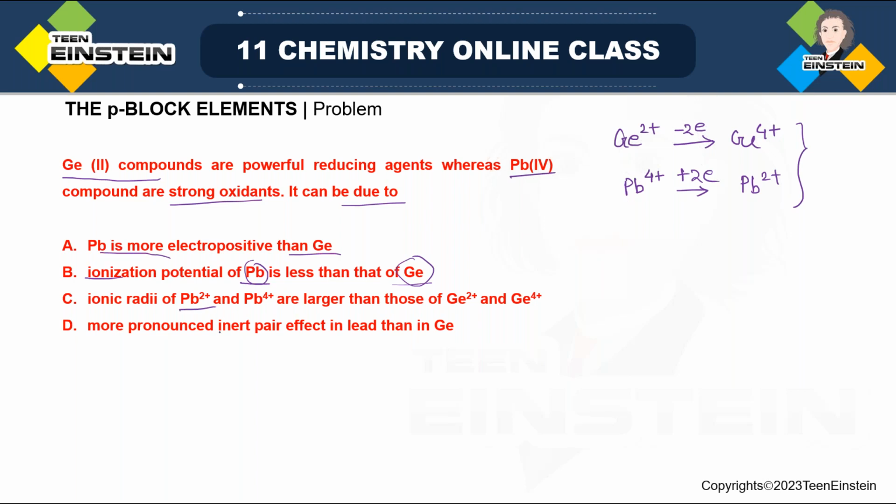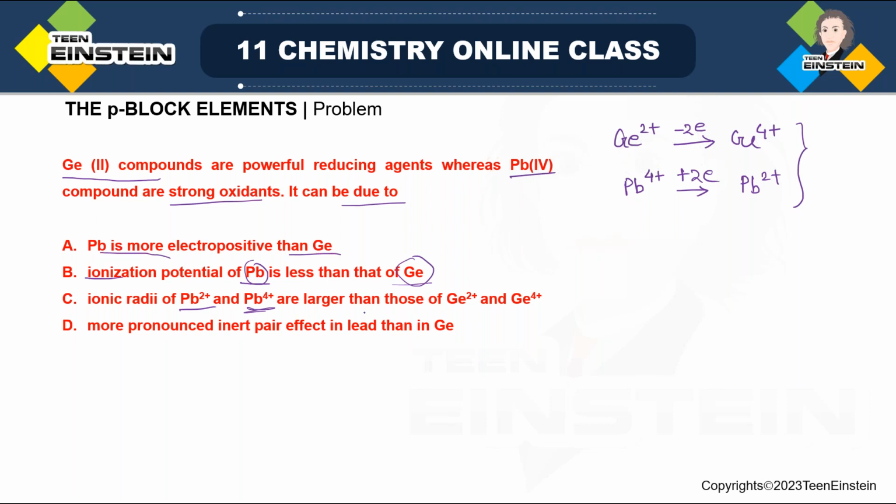Then, ionic radii of lead 2+, 4+ are larger than those of Ge2+, Ge4+. That means Pb2+ is larger than Ge2+ and Pb4+ is larger than Ge4+. Again, whether ionic radius is large or not, how is it related to the oxidizing property and reducing property?